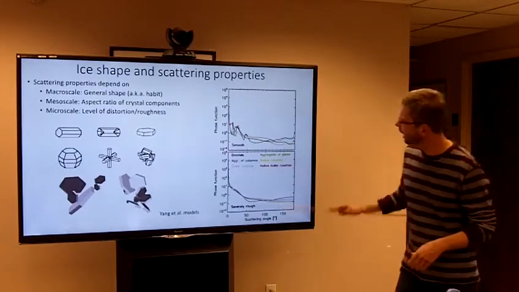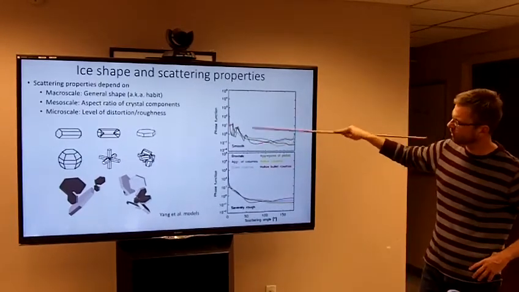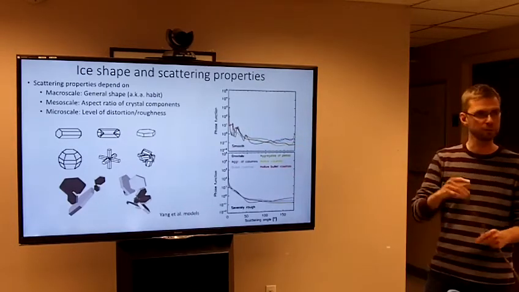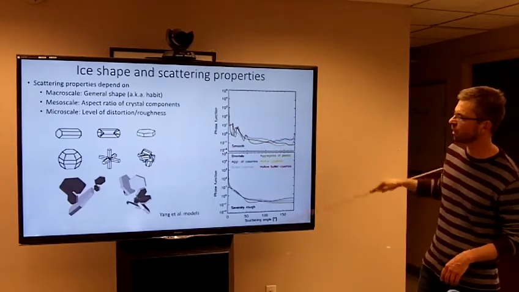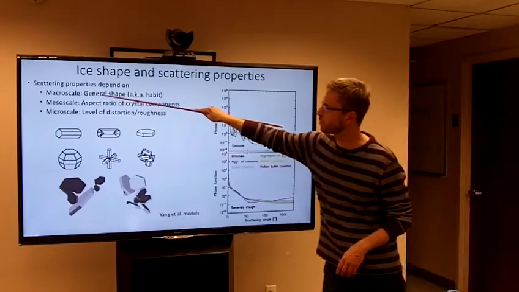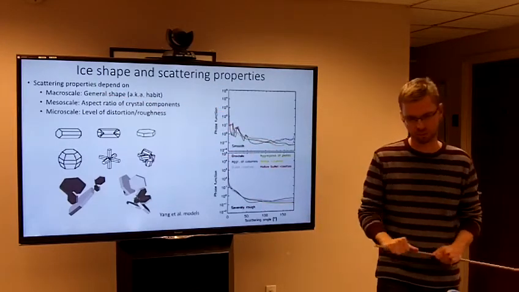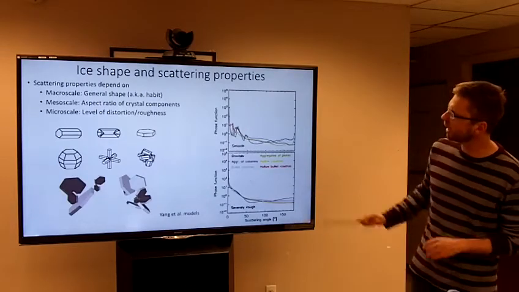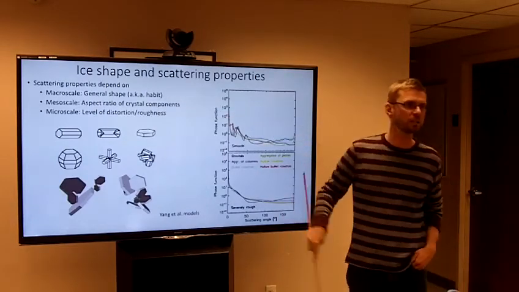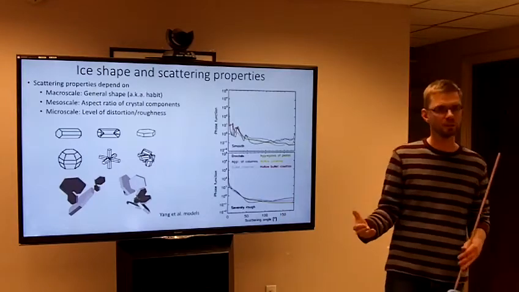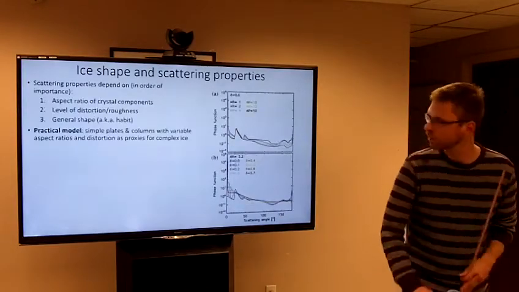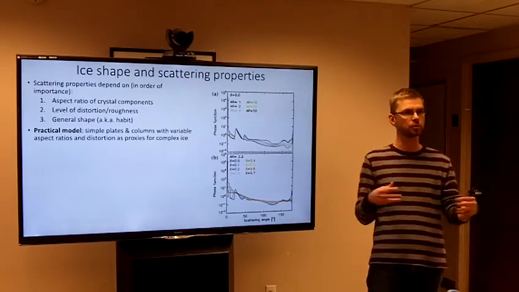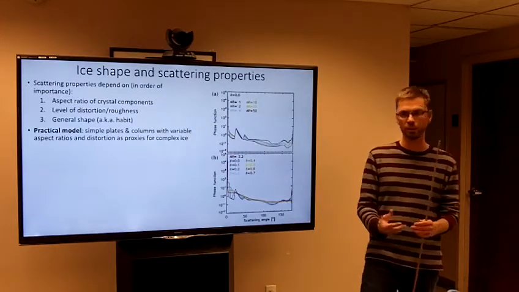So these are the three different scales. And so this shows phase functions for smooth particles and for very roughened particles for different habits. So this is really focusing on this general scale. However, if I would order this, what is most important, then actually I would turn it around, and really the aspect ratio of the components of crystals is very important.